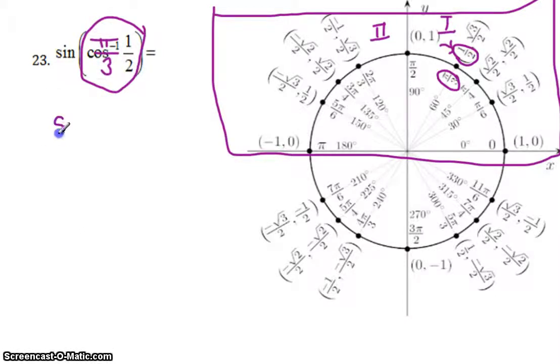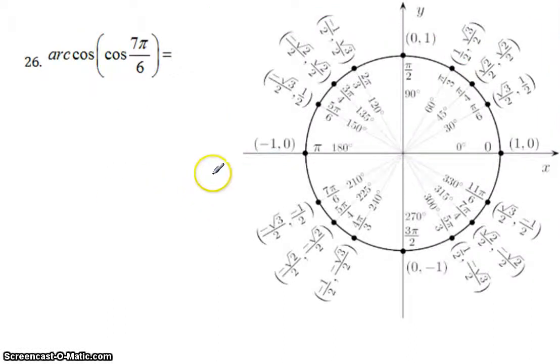So now I'm finding sine of pi over 3. I can look in any of the 4 quadrants for sine. We have talked about this, going back old school, 4 or 5, 6 weeks ago. Sine of pi over 3 means I'm going to come over here, find pi over 3, then find my sine value, which is my y. So my answer is going to be square root of 3 over 2.